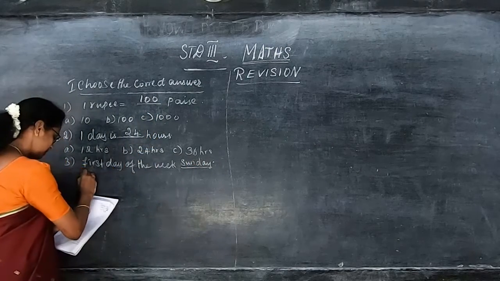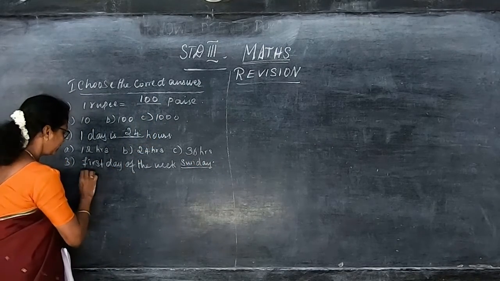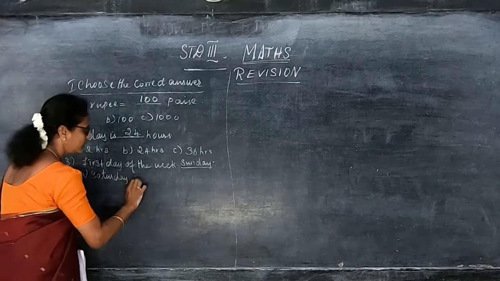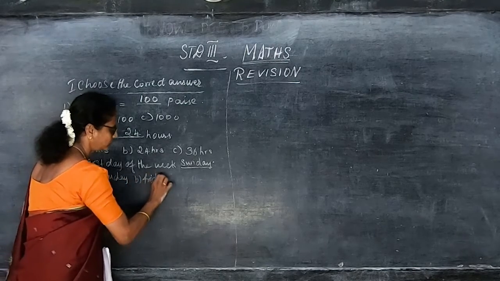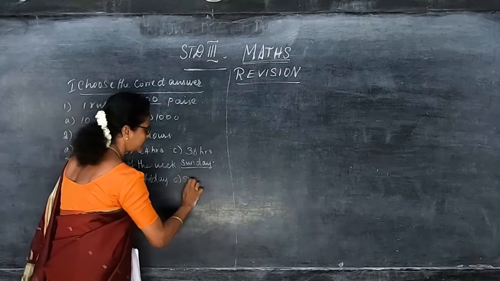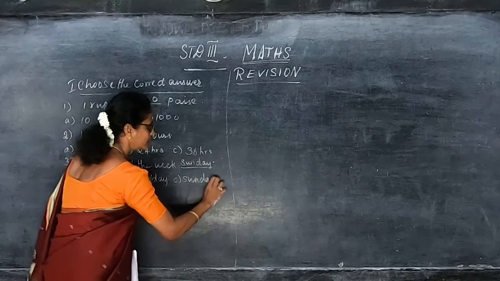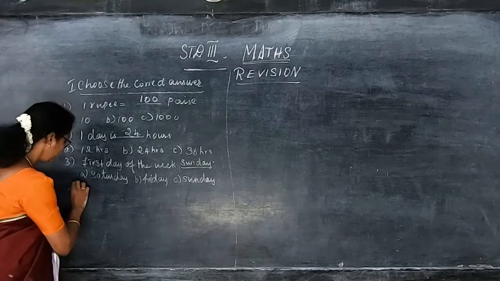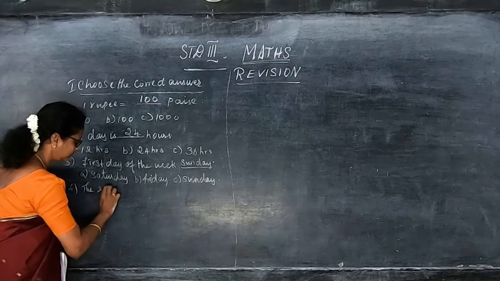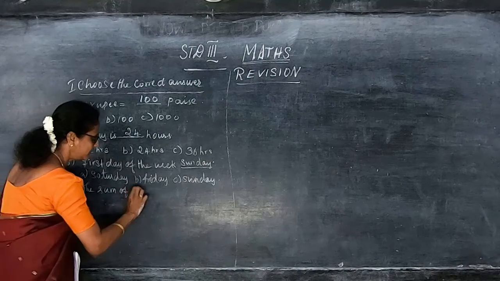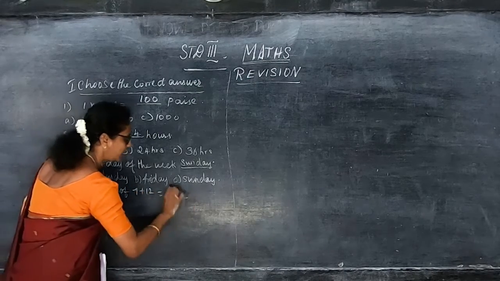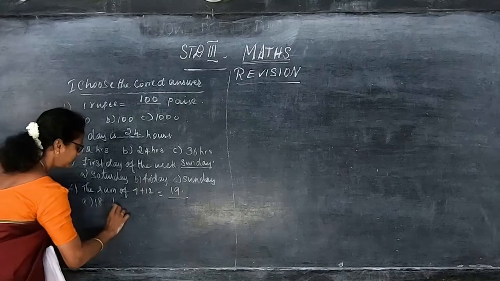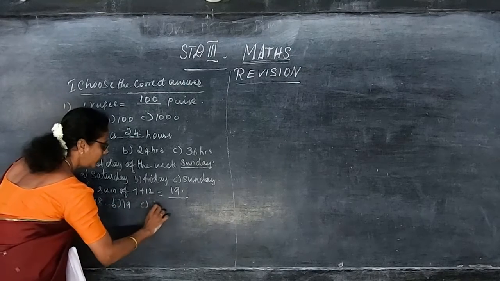The options are A Saturday, B Friday and C Sunday. Then fourth one: the sum of 7 plus 12 is equal to dash, that is 19. Options are 18, 19 and 20.